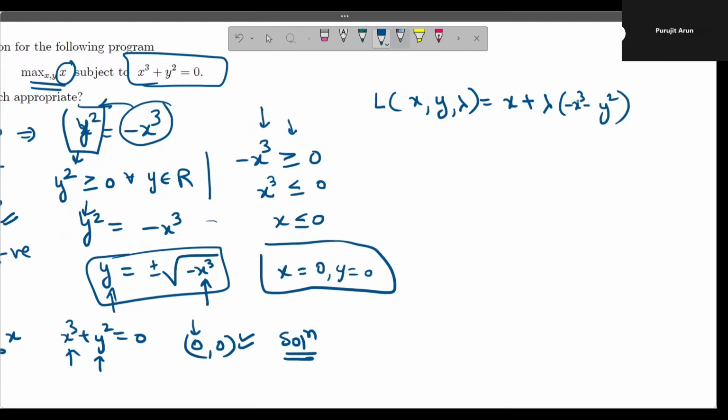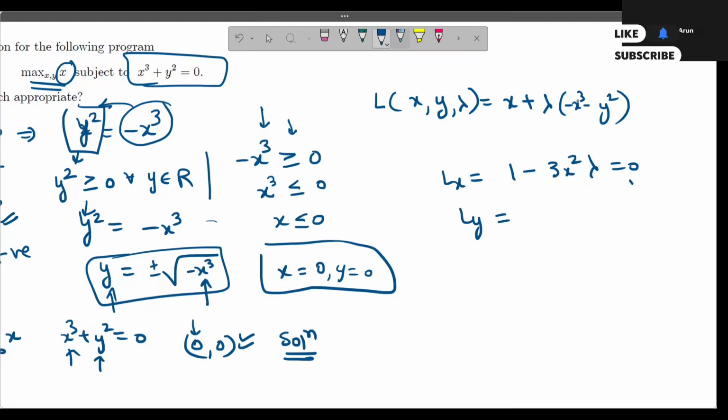So it's going to be f x equals 1 minus 3x square lambda, equals 1.